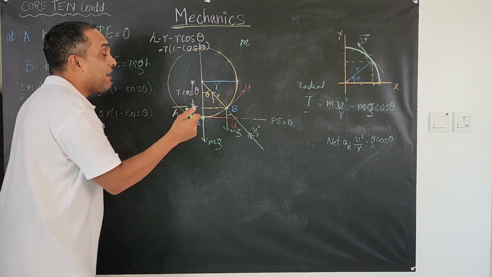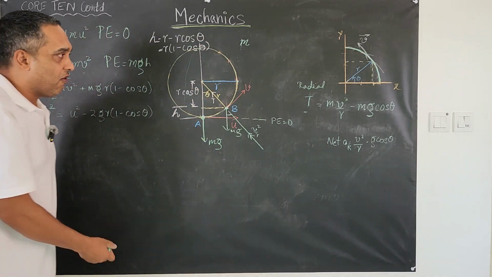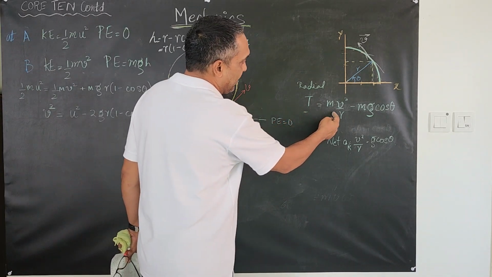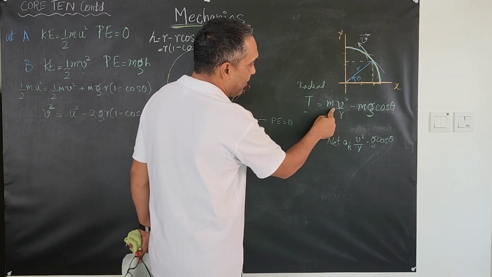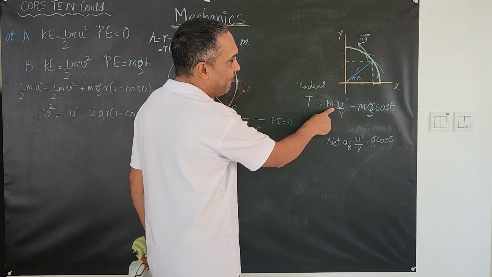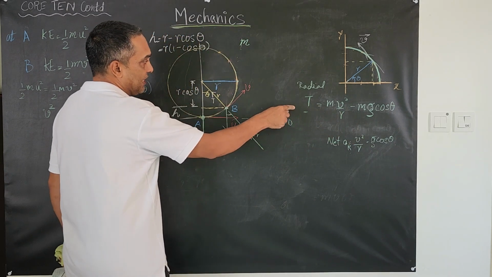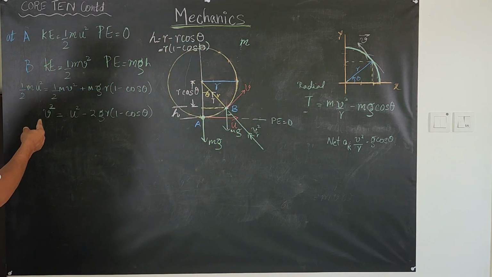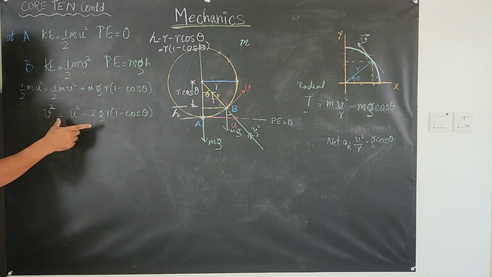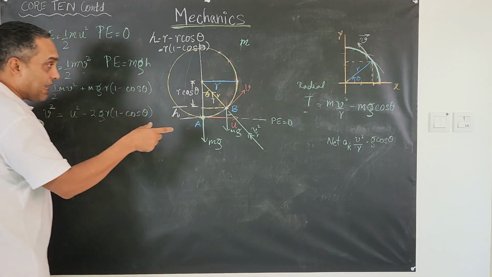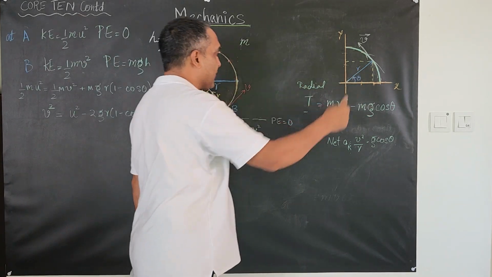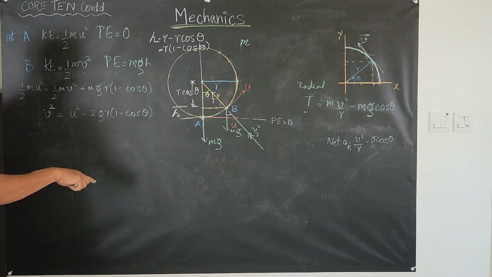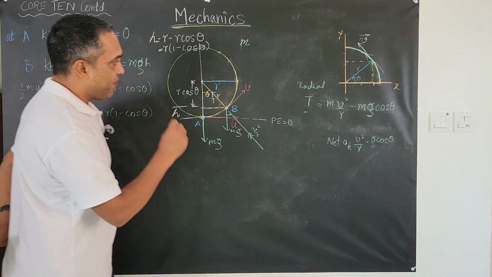So it needs to have a velocity greater than zero, which then means you can equate this and try and find out a value for that velocity that makes tension go low, and then anything above that is fine. So you can come back here and say this value should be greater than rg cosine theta for the circle to be complete. So hope you get that. Just want to make sure.